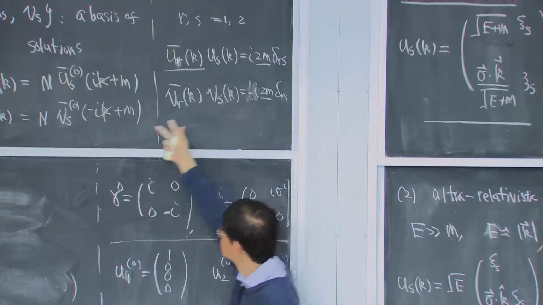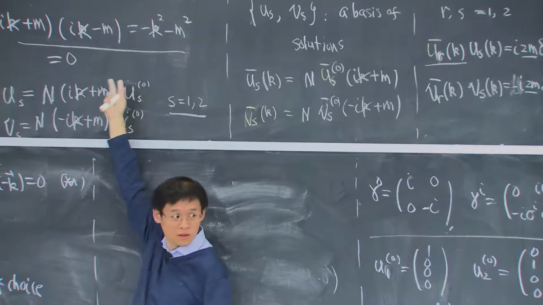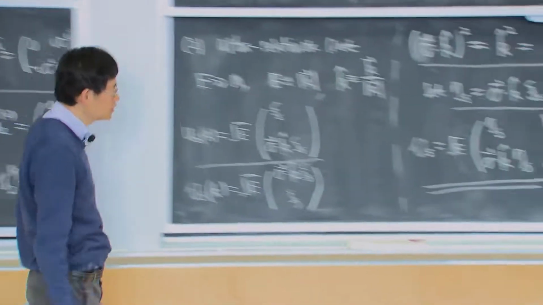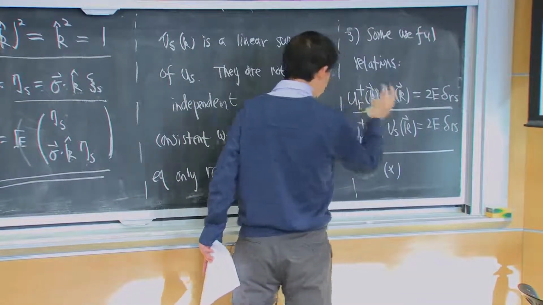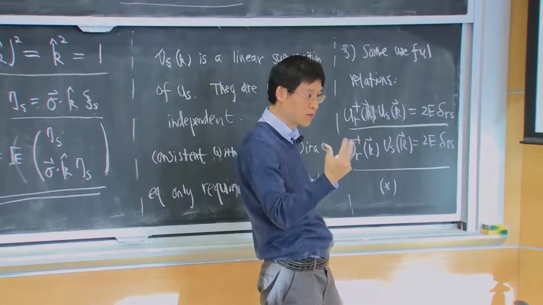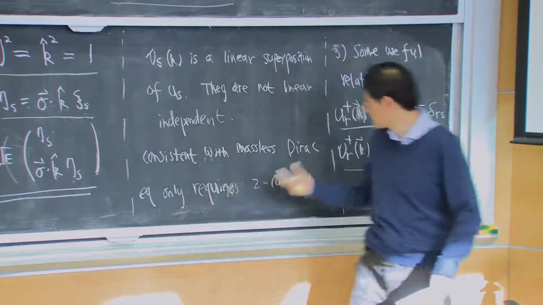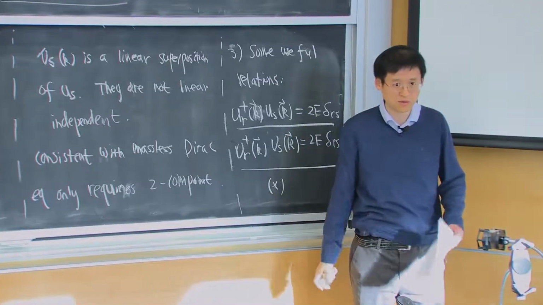So this just follows from those general expressions from this equation. But this equation is less obvious because without gamma 0, it's less directly related to the Dirac equation itself. And it turns out this expression is also independent of the choice of gamma matrices. Okay.